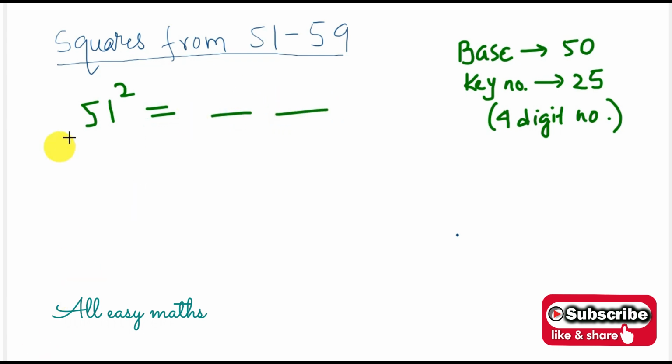As we know, this square is going to be a 4-digit number. Now 51 is how much greater than 50? 1. So we will write +1, and for the first 2 digits it will be the key number 25 plus 1, the extra number, which is how much 51 is greater than the base 50.